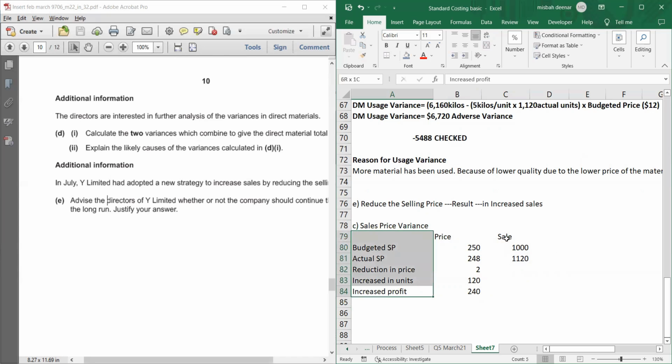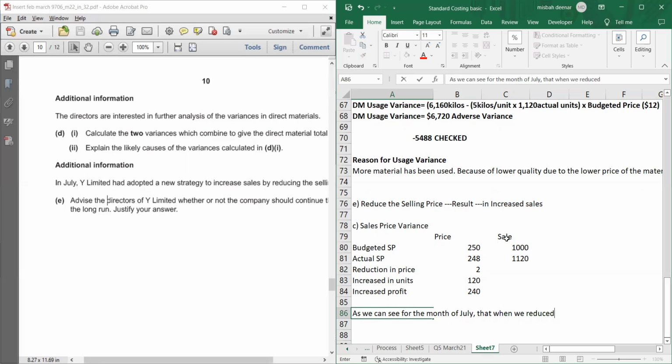So by this example in your question, you can write that, as we can see for the month of July, when we reduce the selling price by $2 per unit, it resulted in an additional sale of 120 units.